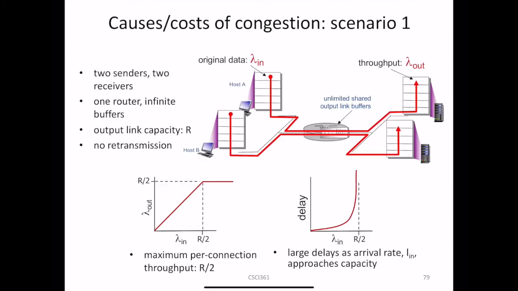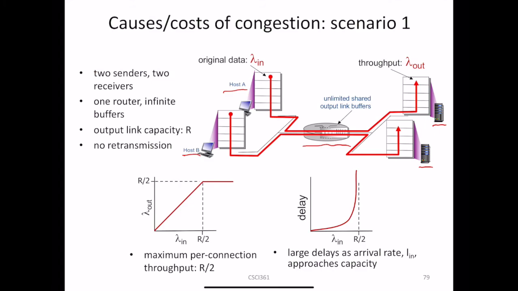Then let's see the causes and costs of congestion. First, let's see scenario one. Suppose we have two senders, host A and host B, and two receivers, which are two servers, and we have a single router in the middle with infinite buffers.